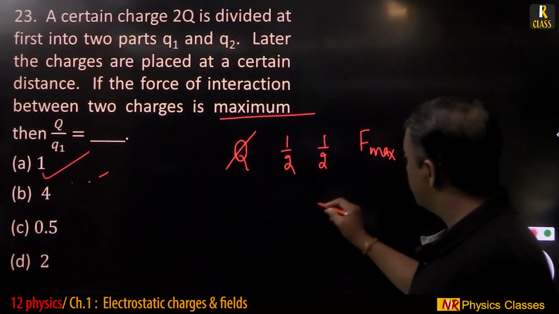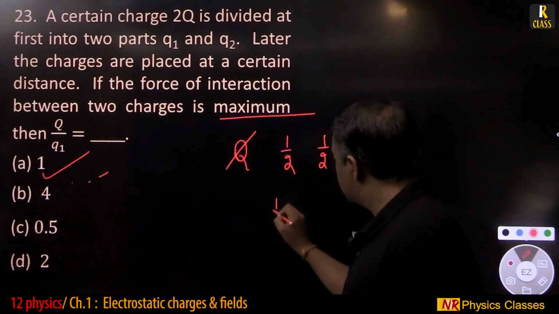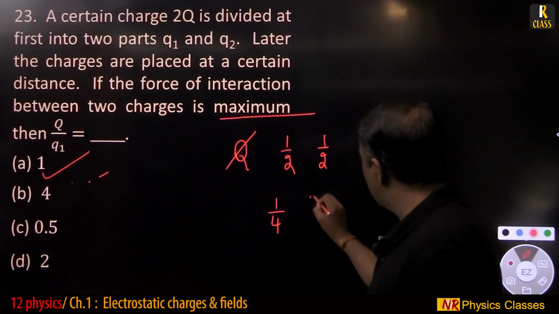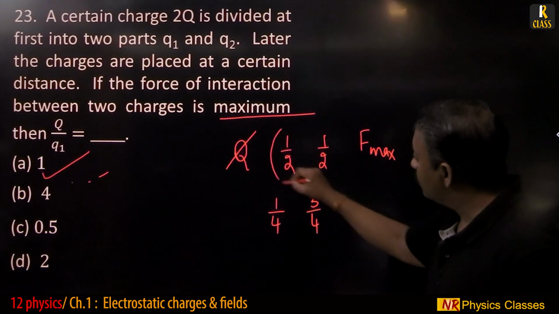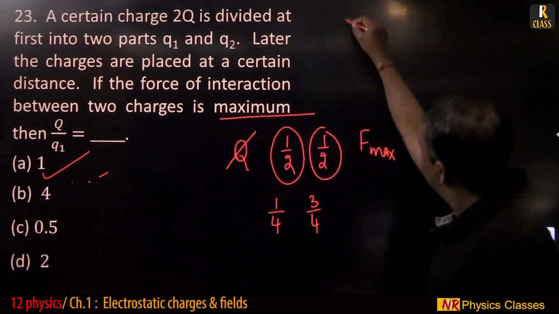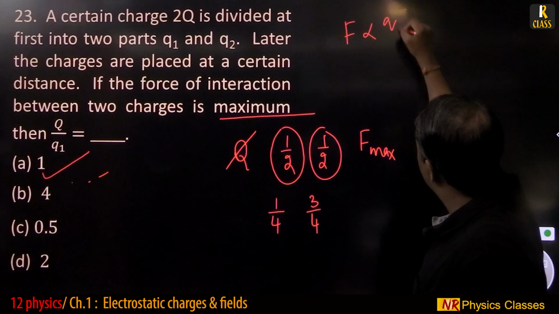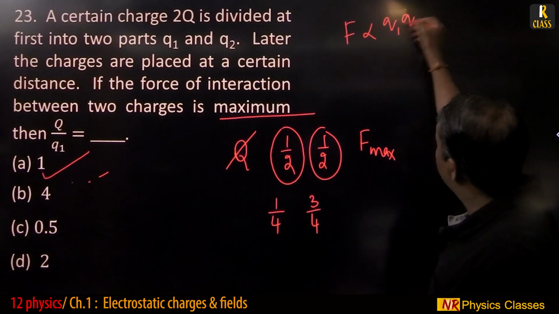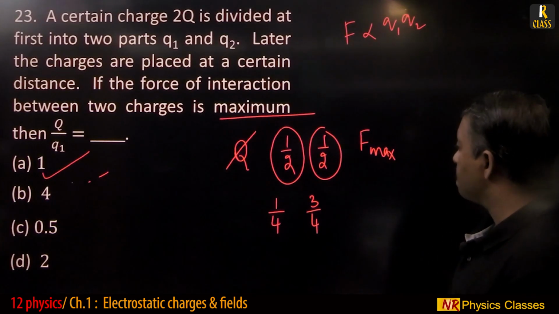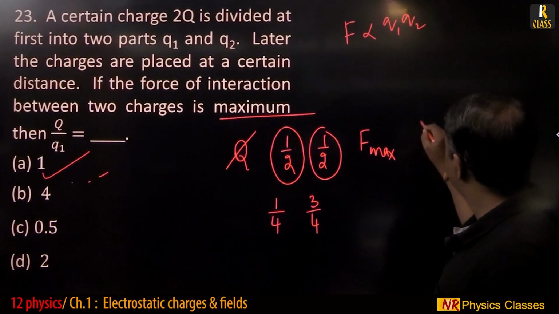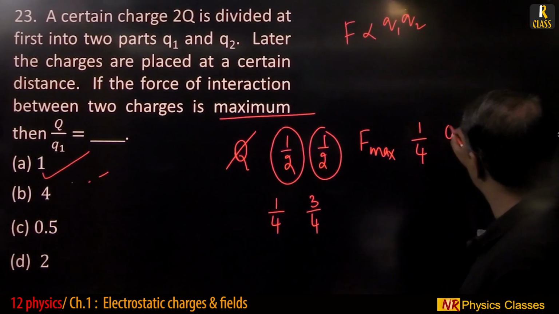Suppose this charge is divided like this, 1/4 and the remaining 3/4. What's the magnitude of the product of these two? Because force is proportional to Q1 into Q2, isn't it? If the product of two charges is maximum, then force is maximum. Half into half is 1 by 4, which is 0.25.